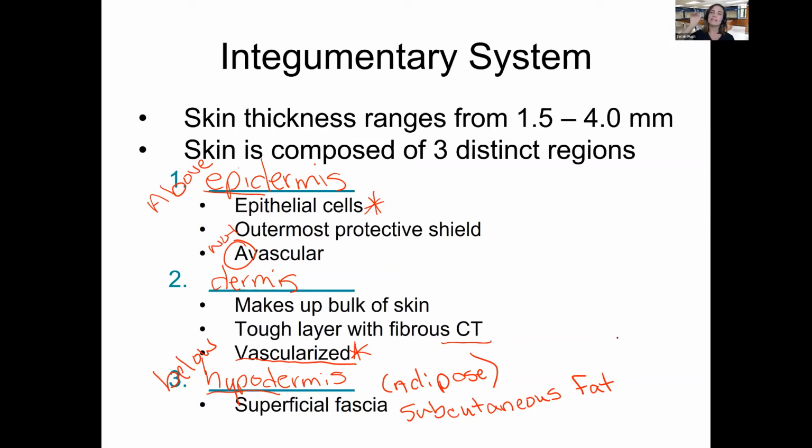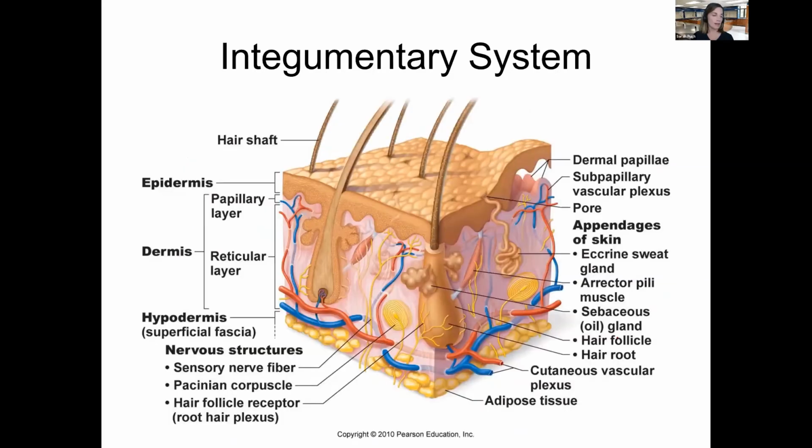The skin is the epidermis and the dermis. And then they say that the hypodermis is just subcutaneous fat. It's just a layer of fat under the skin. Now, your book sort of classifies all 3 layers in the integument system.